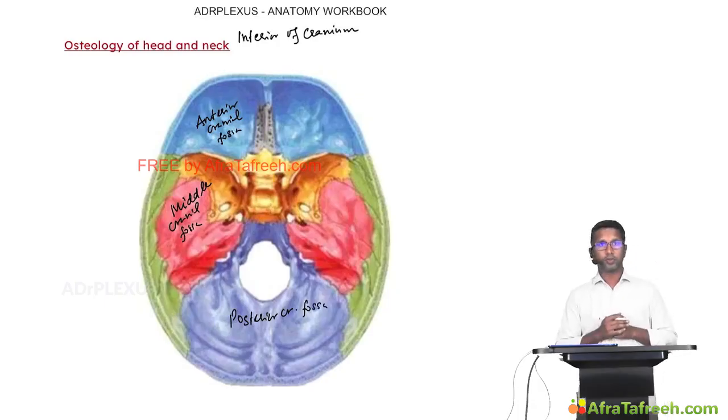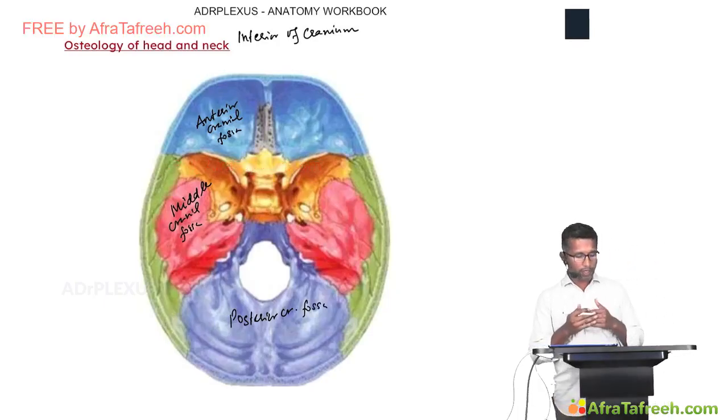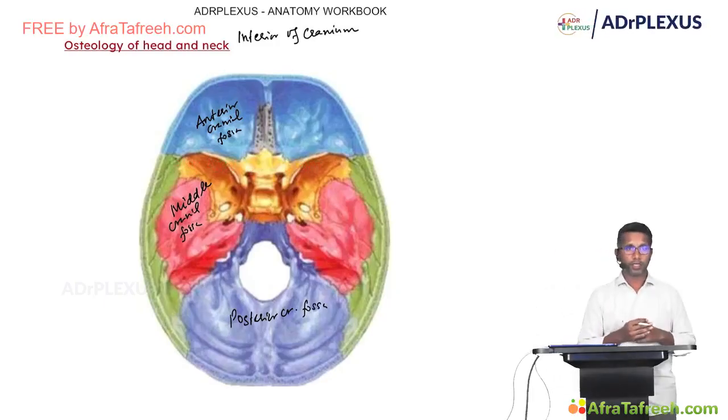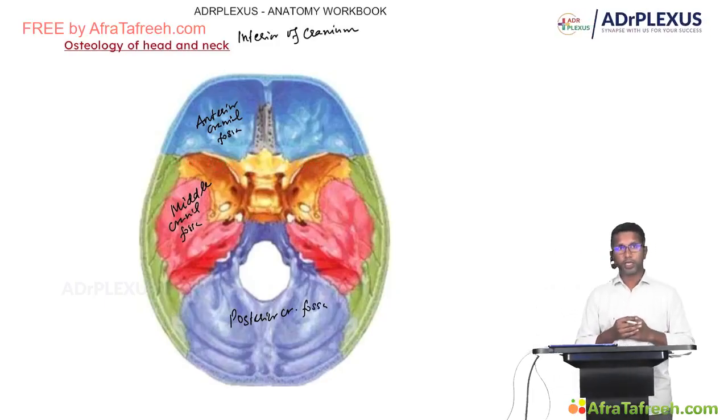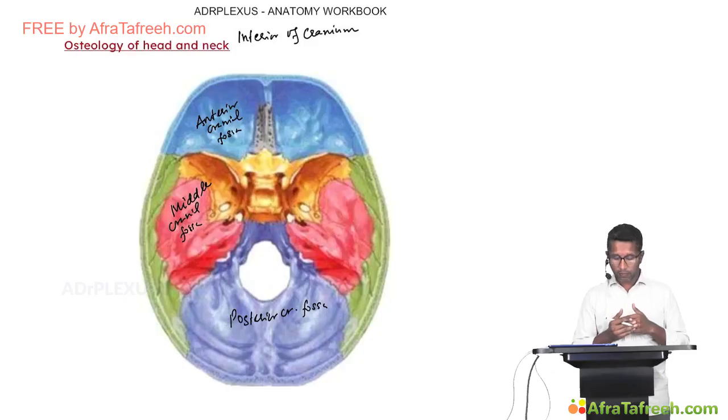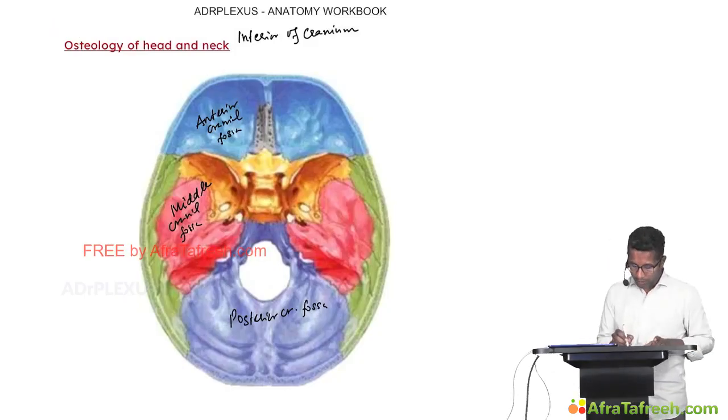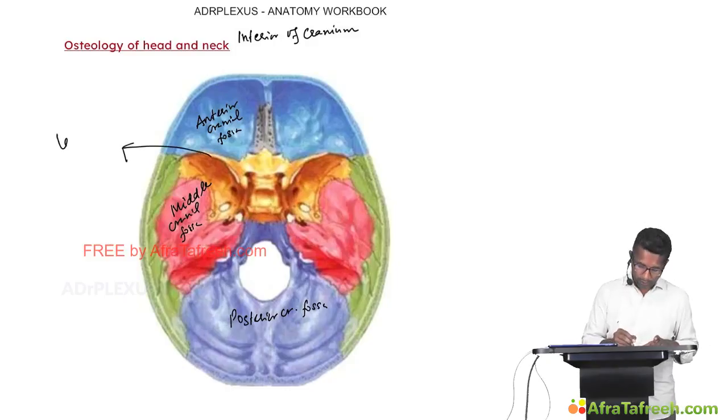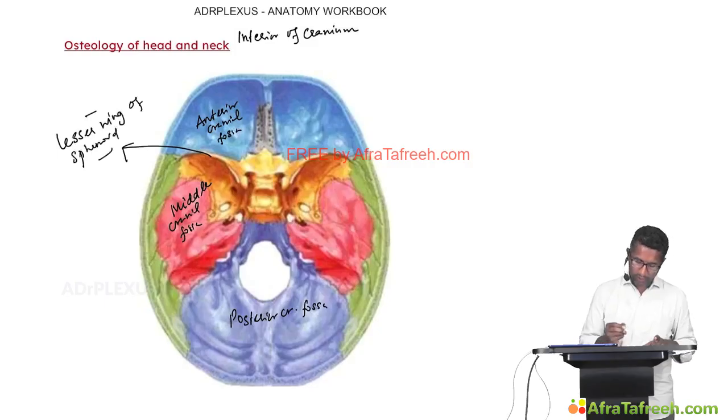These fossae have certain bony landmarks to demarcate them. The anterior cranial fossa is separated from the middle cranial fossa by this part of the sphenoid bone, which is called the lesser wing of the sphenoid.